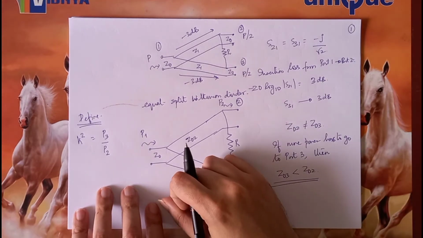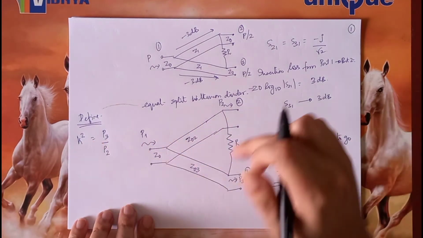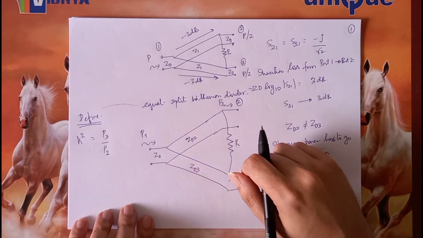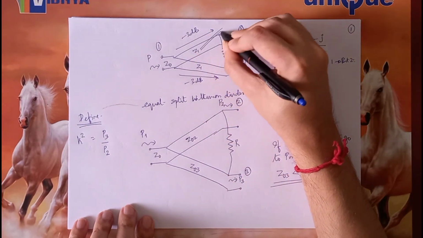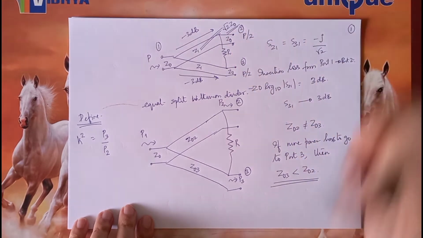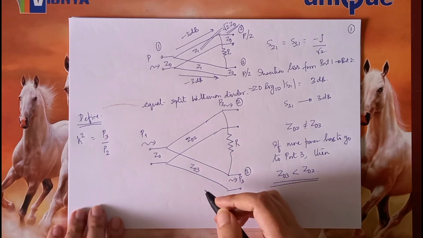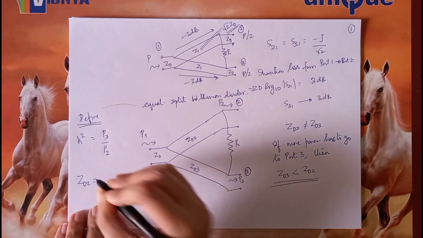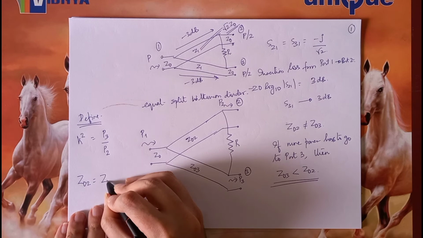Then Wilkinson actually proved that using this k square term or this k term, you can derive the expressions for Z02 and Z03. In case of the equal split power divider, there was only one Z1 and that value was root 2 times Z0. This we had proved in the previous lectures. So therefore, what Wilkinson said was Z02 would be equal to this quantity.